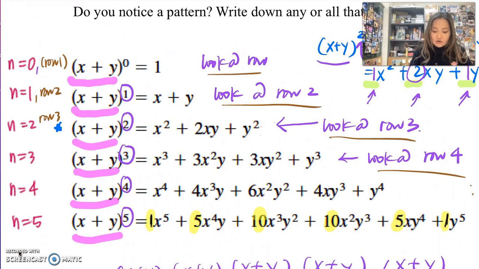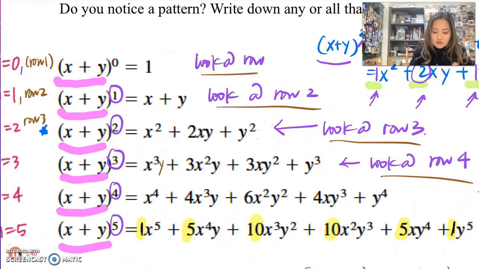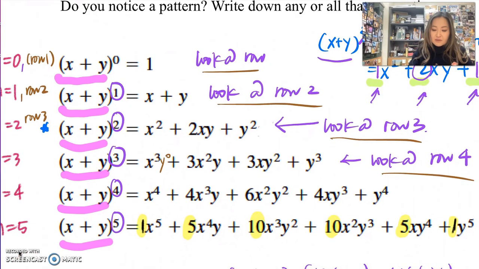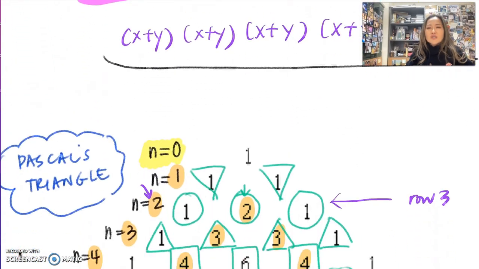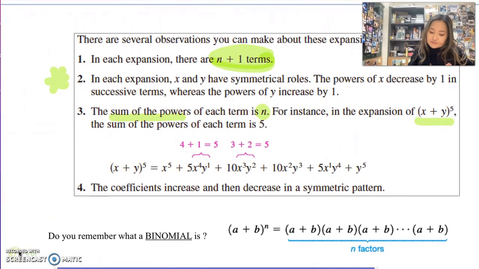Y to the 0 used to be here, so it's going to be 0, 1, 2, 3, exactly. X decreases, y increases, okay? But honestly, if later in the game you go the other way, where the y decreases and x increases, as long as you're being consistent with the increase and decrease, you're still good to go.